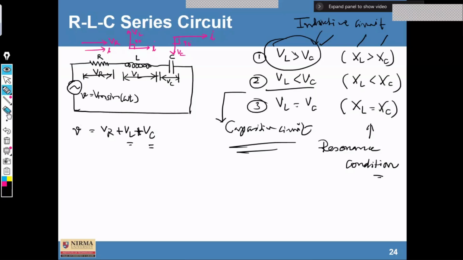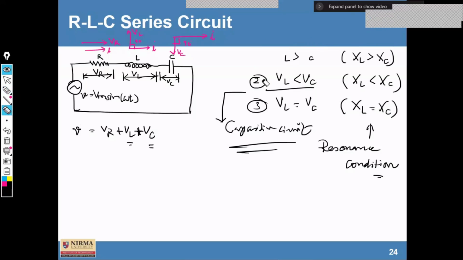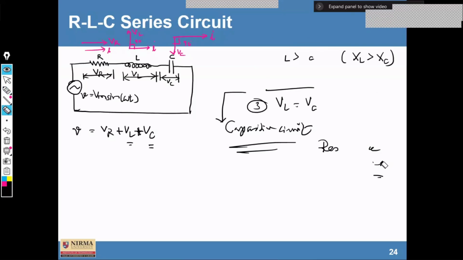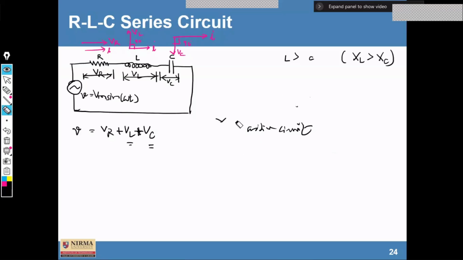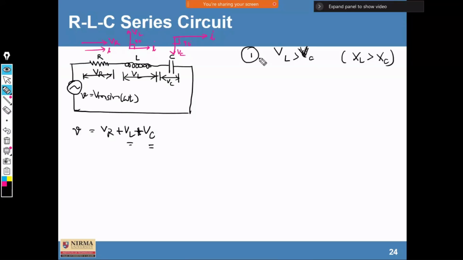So let us start with condition 1, which is VL greater than VC.